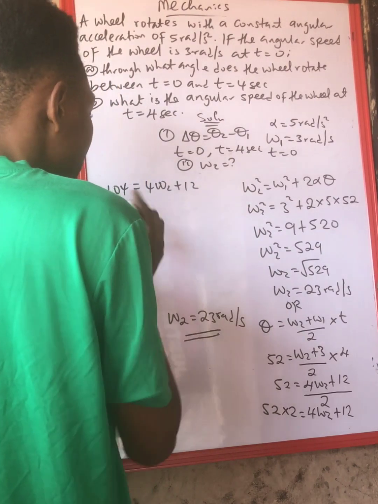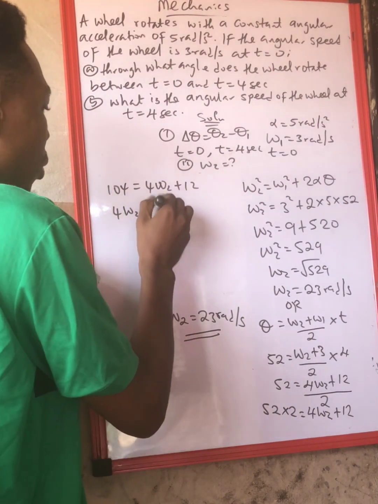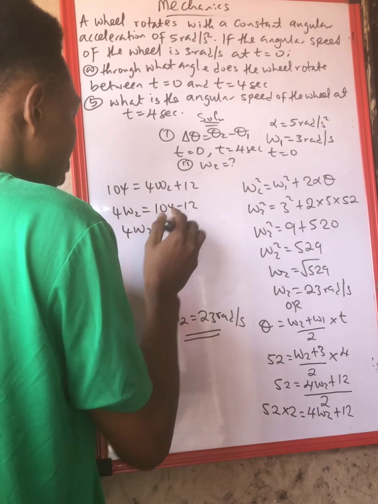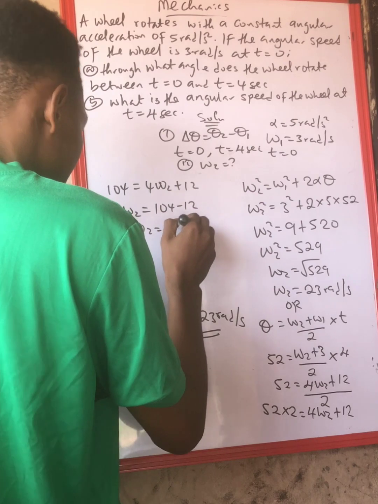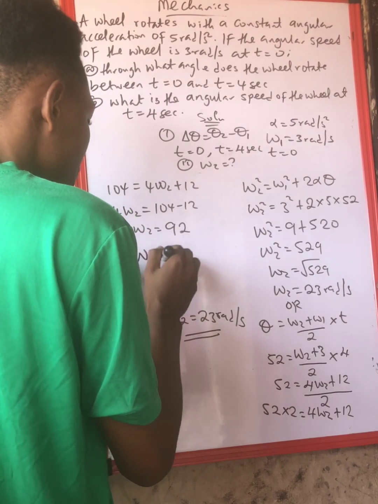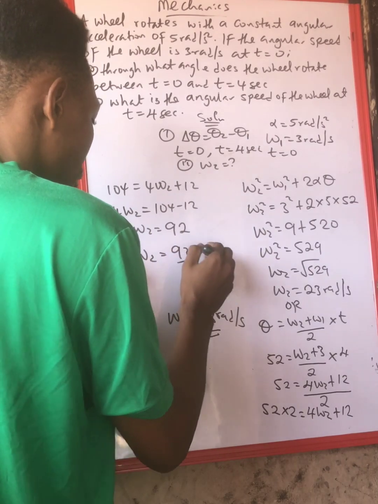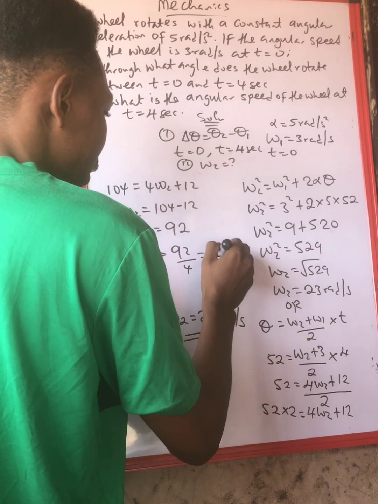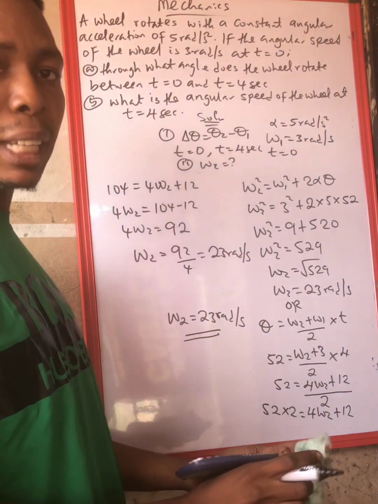By collecting like terms, we have 4W2 equals 104 minus 12, which gives us 92. To get our W2, divide both sides by 4. 92 divided by 4 gives us 23 rad per second.